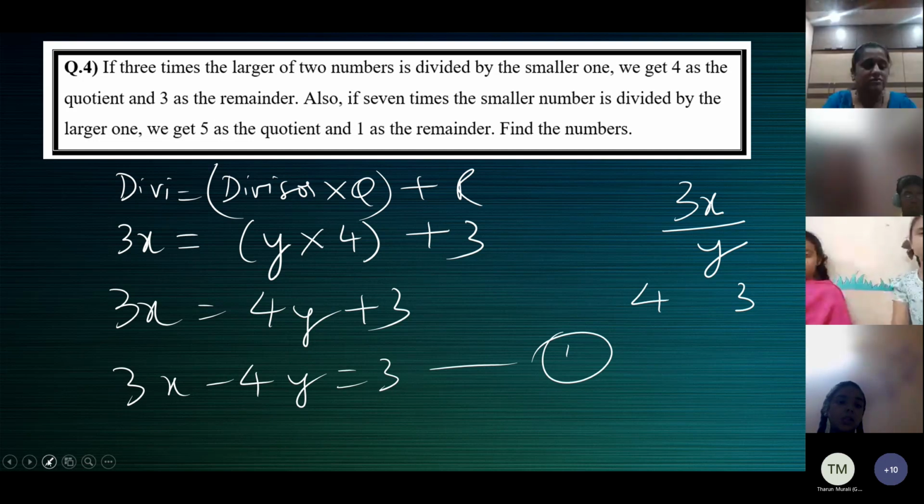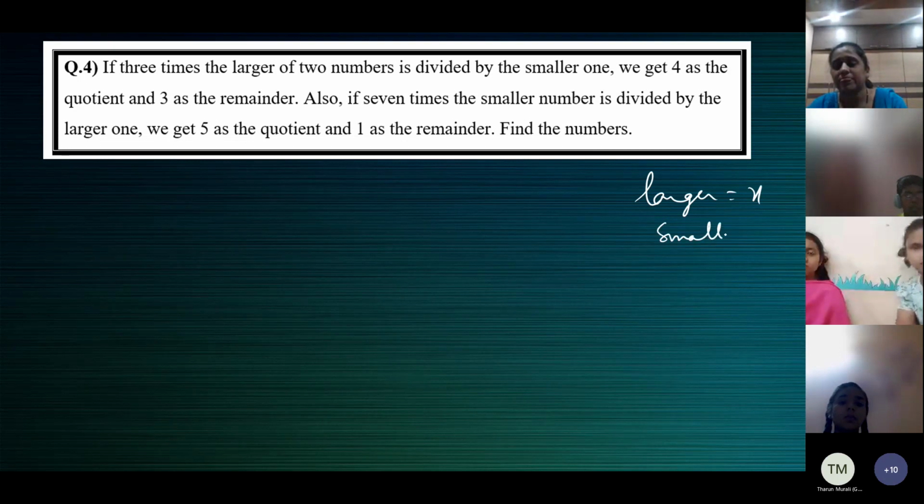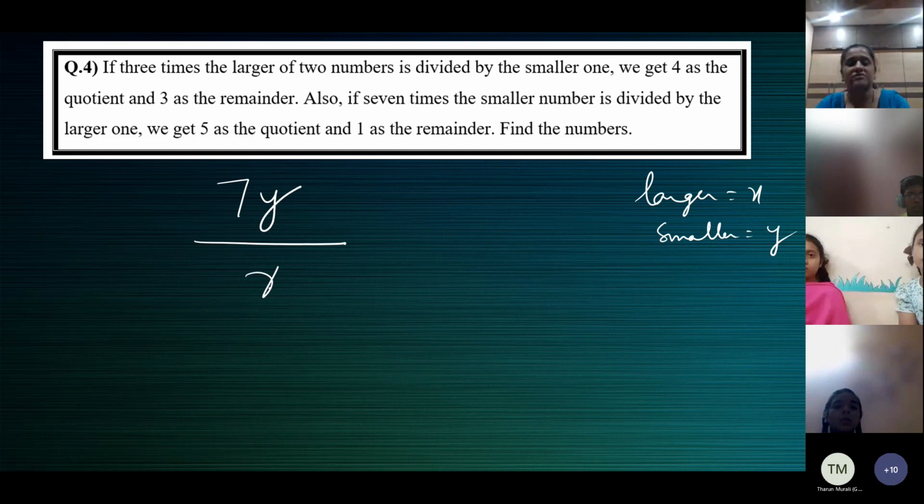The second part is: if 7 times the smaller number is divided by the larger one. We have called the larger number x and the smaller number y. So 7 times the smaller number, 7y, is divided by the larger one, x.